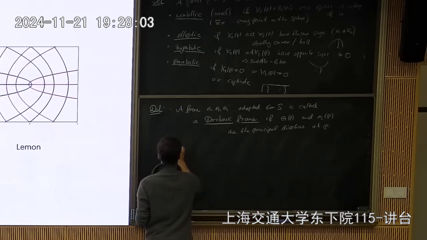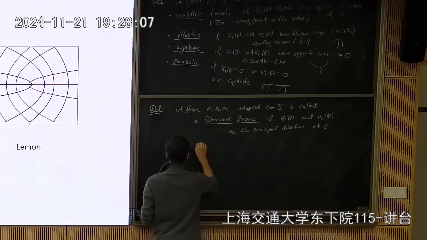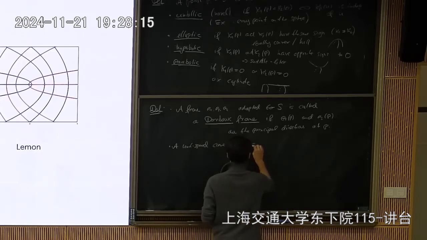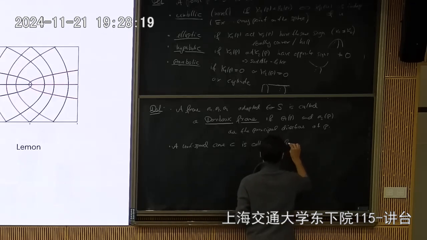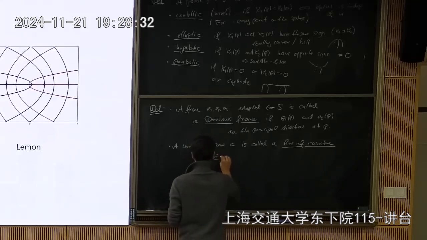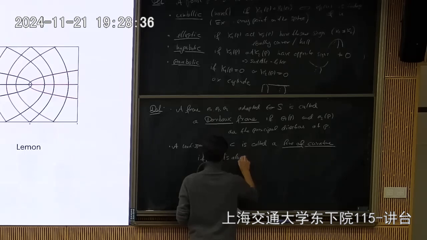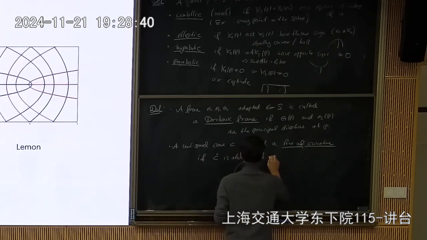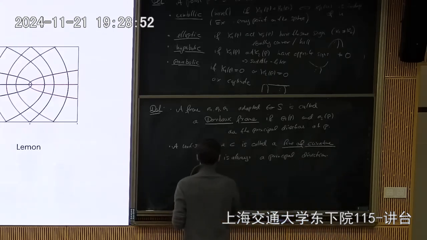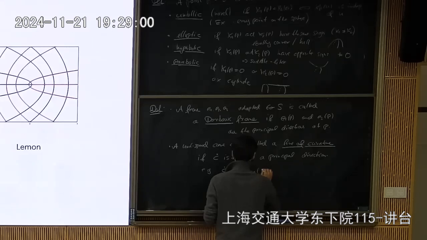And similarly, a unit speed curve C is called a line of curvature if C dot is always a principal direction, for example C dot of t equals U1 at the point C of t.